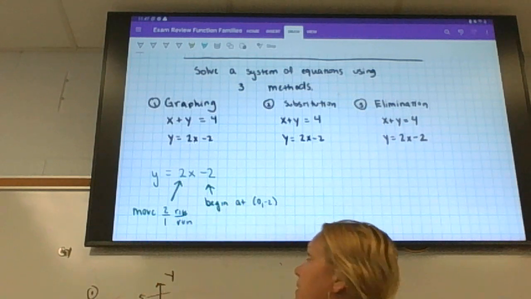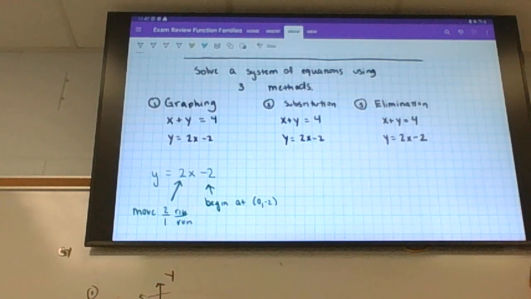So this is where I begin. I begin at that -2 on the y-axis, and I go up 2 over 1.